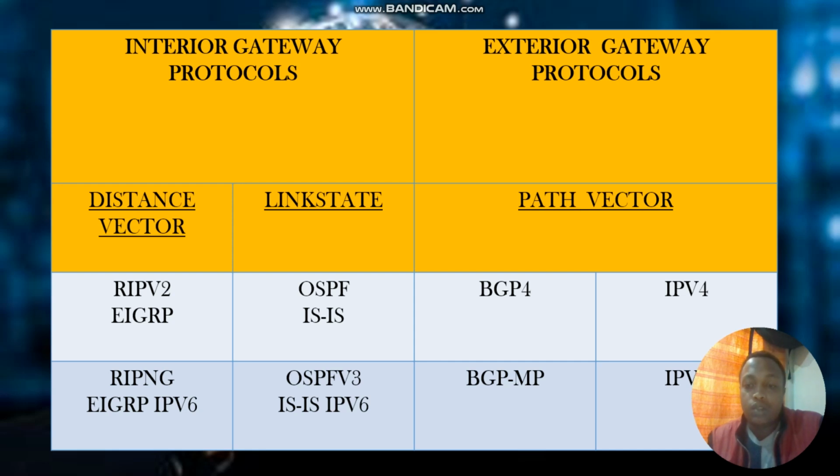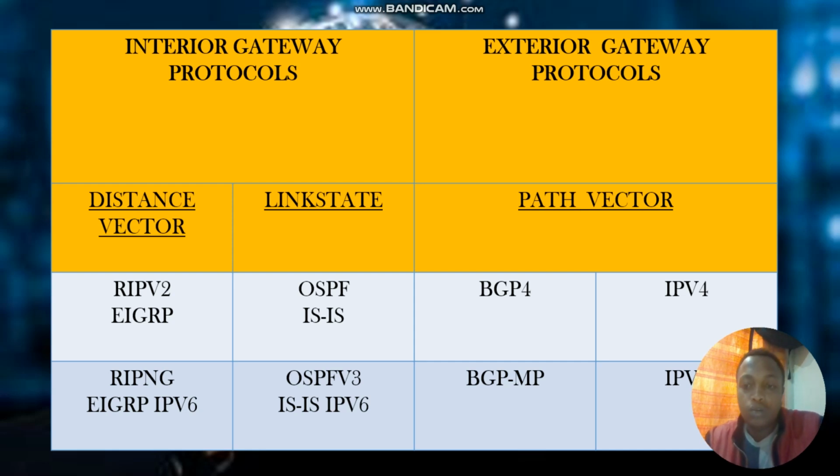For link state in the interior gateway protocols, we have OSPF version 3, and IS-IS, that is Intermediate System to Intermediate System, for IP version 6. For the path vector exterior gateway protocols, we have BGP4 for IP version 4 and BGP MP for IP version 6.